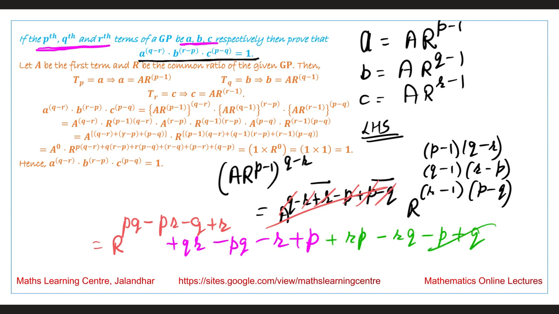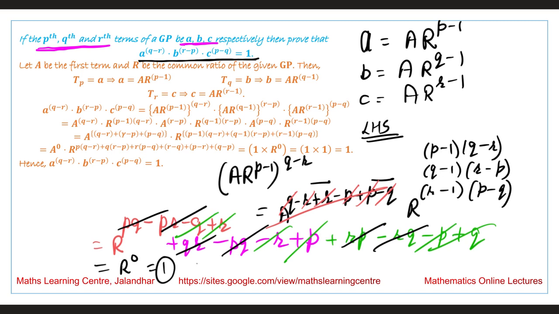Now again this q gets cancelled, this r gets cancelled, this p gets cancelled, then rq gets cancelled with this rq, and pq gets cancelled, this pr gets cancelled, we have r raised to the power 0, that is equal to 1, and this is equal to the right hand side of this equation.